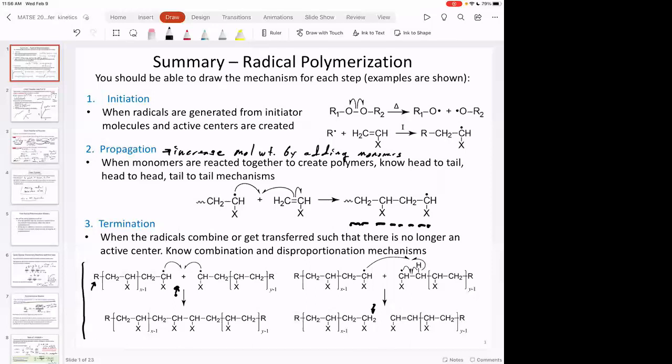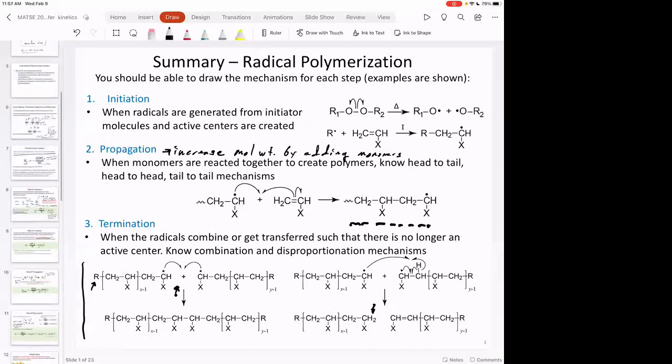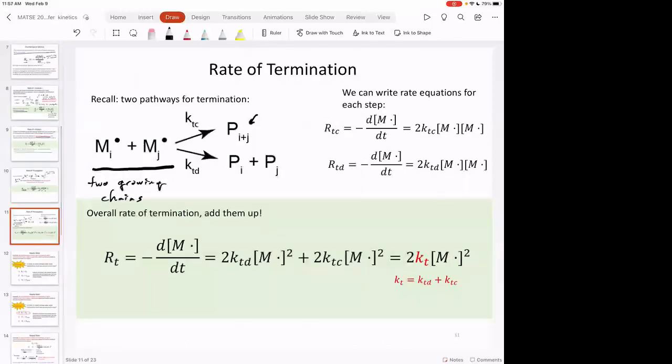And then with termination by disproportionation, you take 2 growing polymers, you kill the radical, you get dead polymers because it's termination. So the radical's gone, and you get one with a double bond.